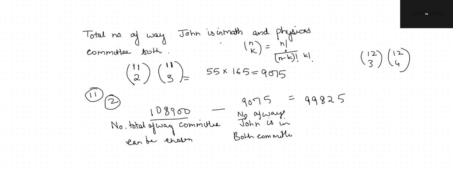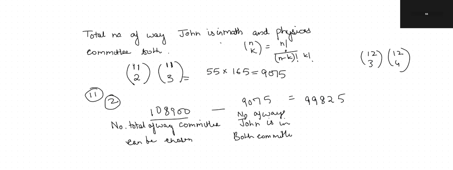Now, John doesn't want to be in both. He wants to be in neither, or either in physics or in maths. So we have to find three things: when he is in maths, when he is in physics, or when he is in neither. Instead, we found when he is in both.